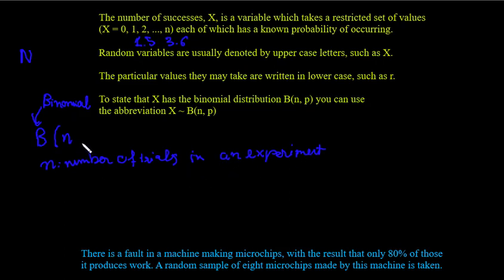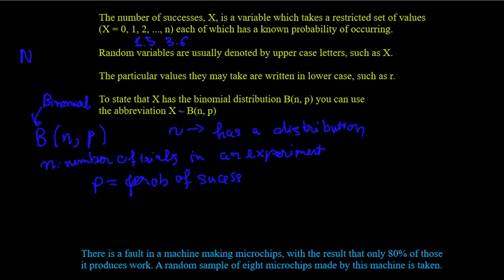And p, as I told you before, is the probability of success. And this notation, the tilde, means that X has a distribution. See something like this, you can understand it easily: X has the binomial distribution of n trials, and the probability of success is p.